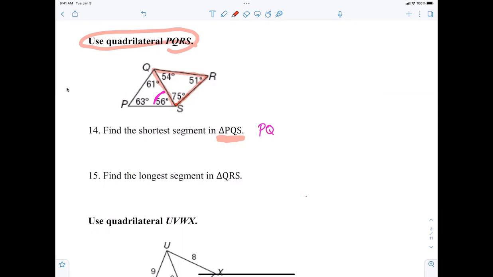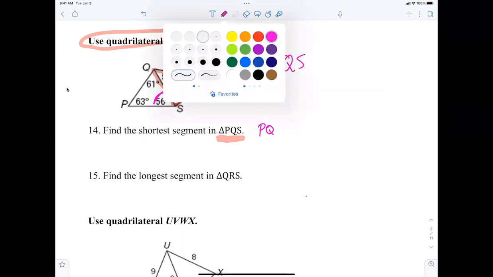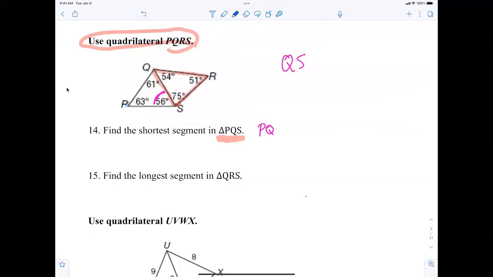So in that triangle, which one's the smallest side? Definitely QS, right? But now if we look at this triangle, what's the smallest in that? PQ, right? So out of those two, which one's the smallest?